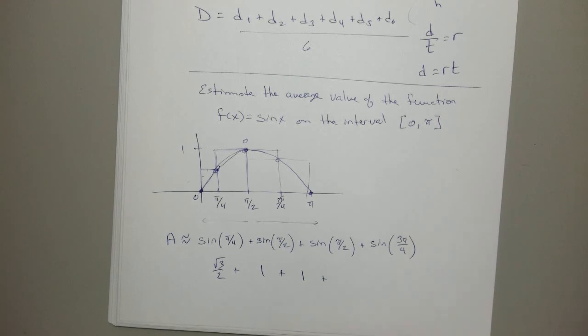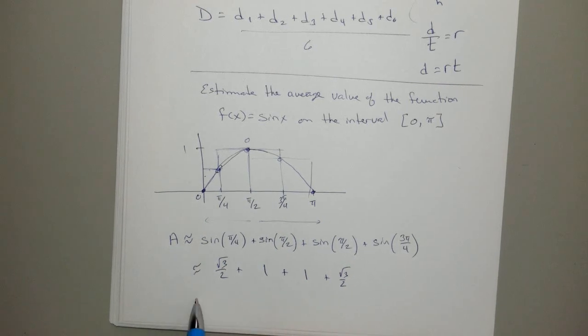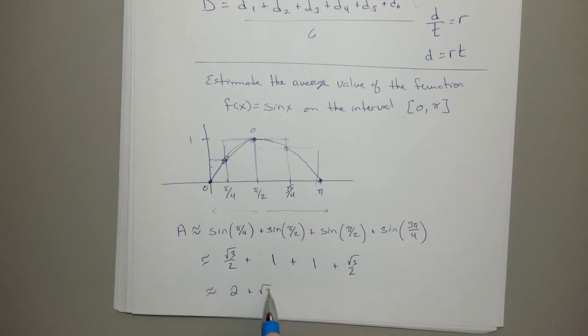Sine 3 pi over 4? Well, these are going to be the same. And they're all positive. Why? Because they're all above the x-axis. So the answer would be 2 plus radical 3.